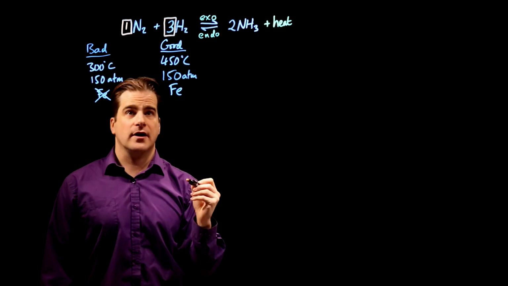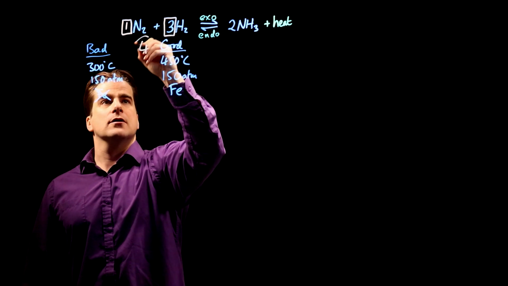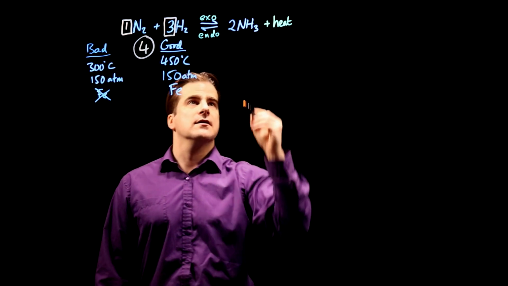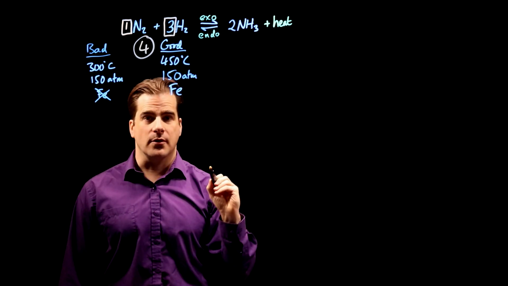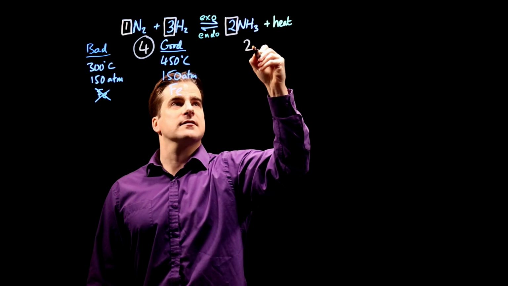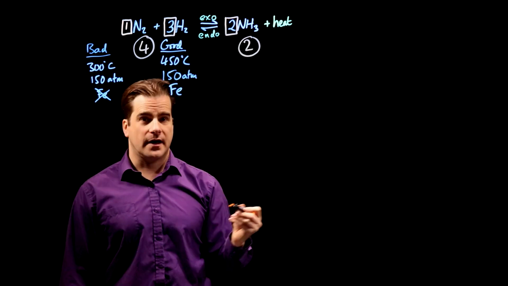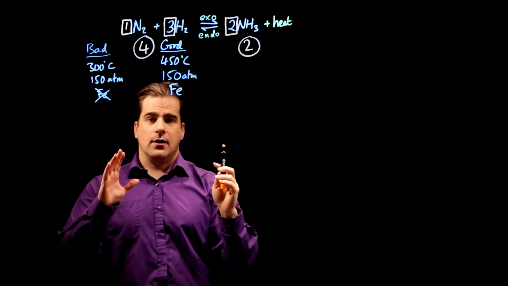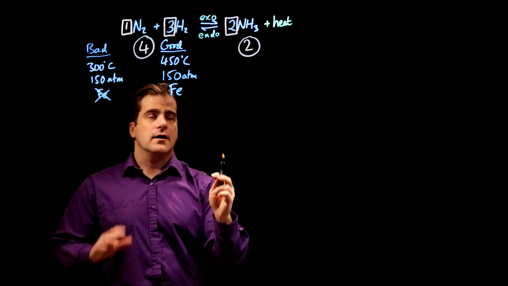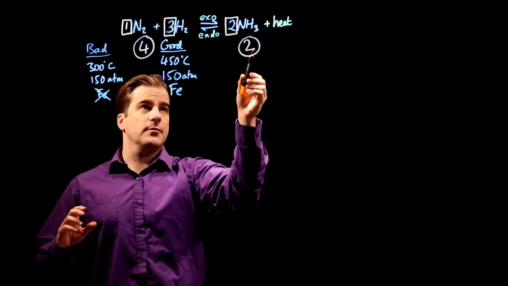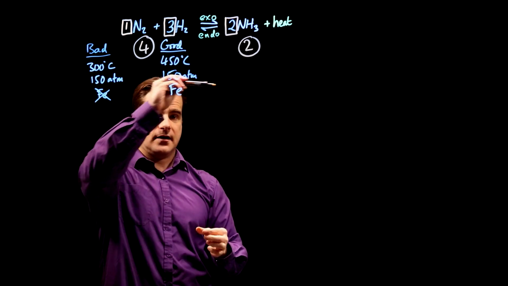Okay? So on the left, there's a total of 4 molecules. On the right, it's 2 ammonias. So there's 2 molecules on the right. Okay? And that's how you do it. So, like I said, if you increase the pressure, it moves the position of equilibrium to the side with the fewer molecules, which is that side.